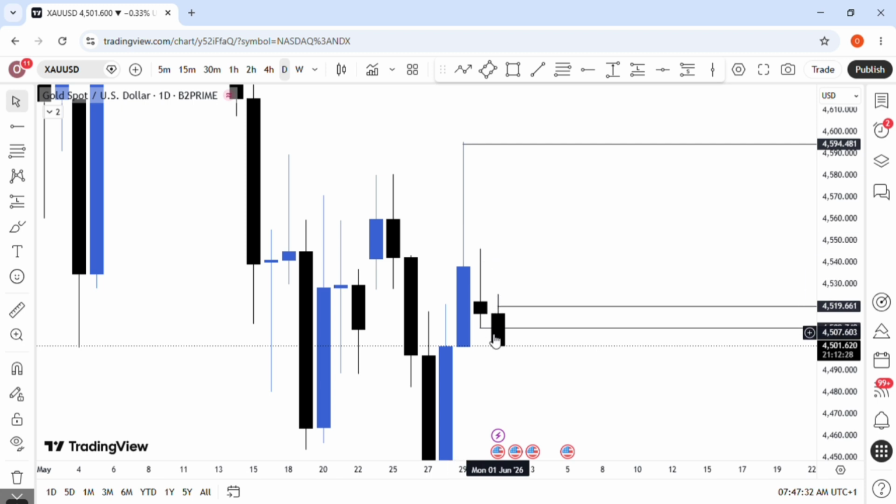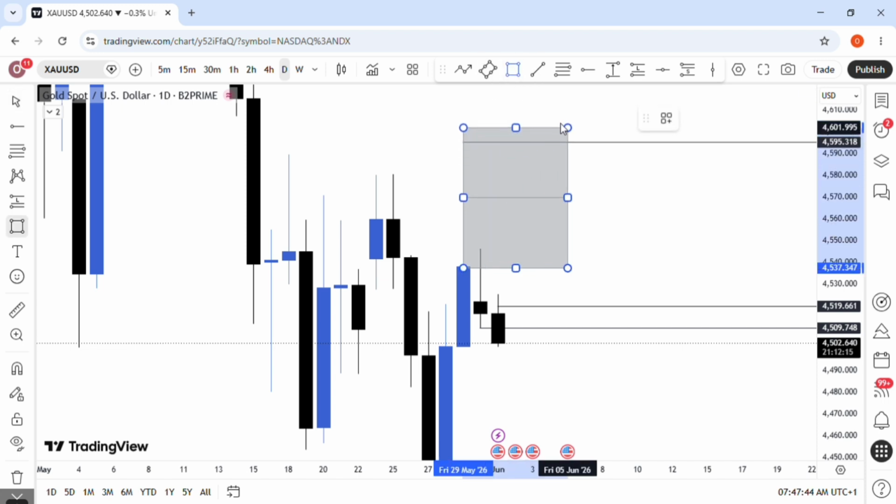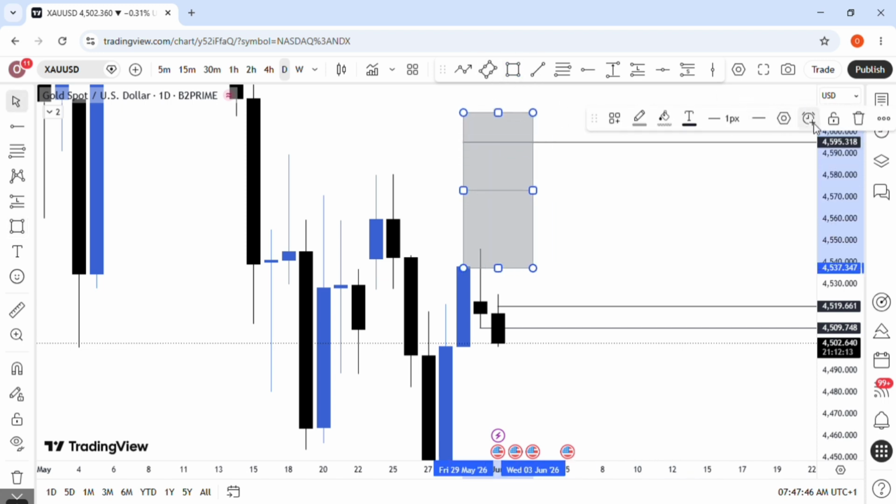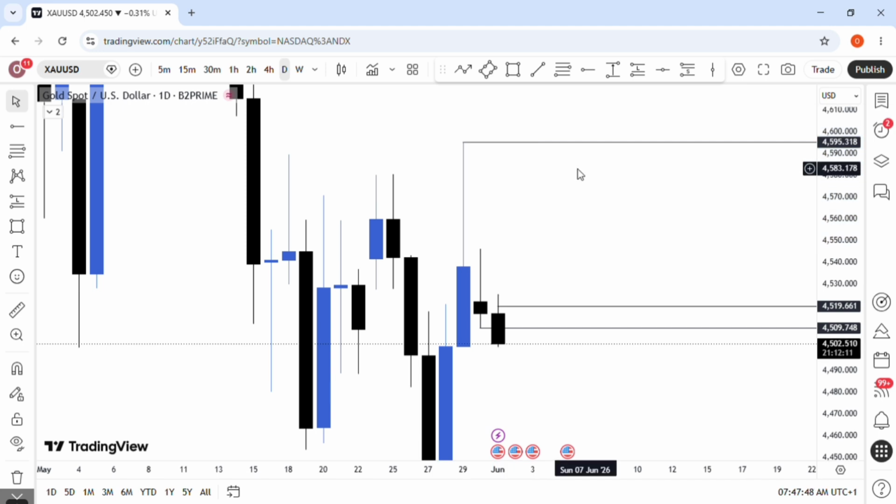So now the sell side is gone, we are targeting the buy side liquidity, targeting here. But because we have a draw on liquidity here, these are all huge amounts of liquidity residing there. You understand? So price will surely take out this draw on liquidity after sweeping this buy side liquidity.